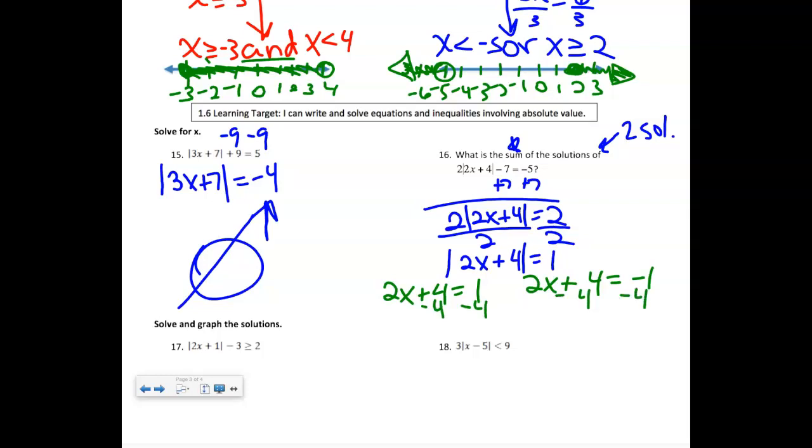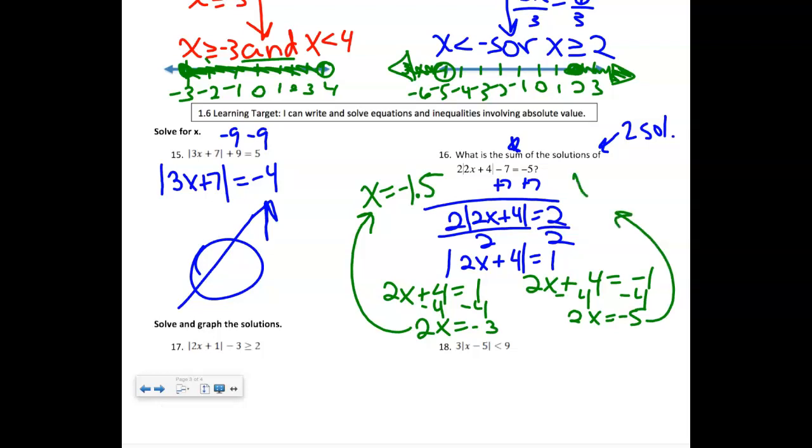So now I have 2x equals negative 3 and 2x equals negative 5. On both of these, I have to divide by 2. I'm going to write this answer up here. So when I divide by 2, I'm going to have x equals negative 3 halves, or negative 1.5. This one, when I divide by 2, I'm going to have x equals negative 2.5.